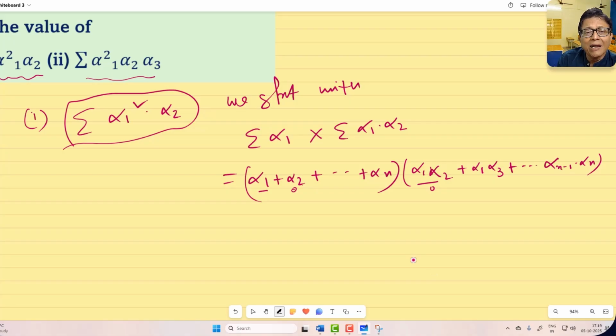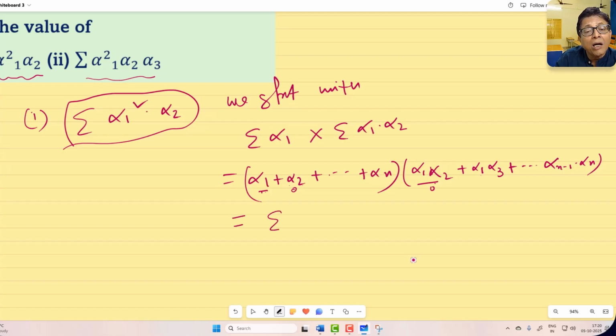If you multiply this with this, you will get alpha 1 square alpha 2. Multiply this with the next term, alpha 2, alpha 3, you will get 1. Alpha 2 with this, you will get another 1. Alpha 3 here with this, you will get another 1. Another 1 means that alpha 1, alpha 2, alpha 3, those terms are coming thrice.